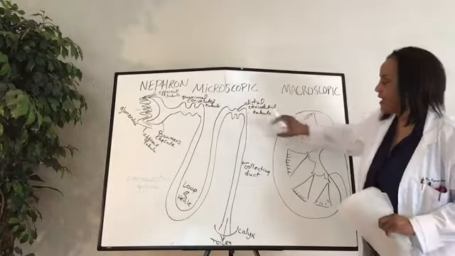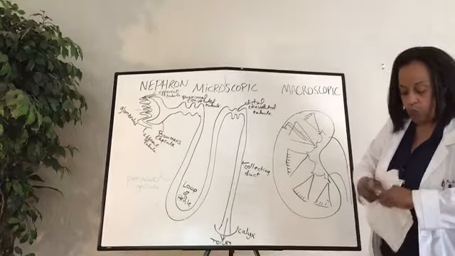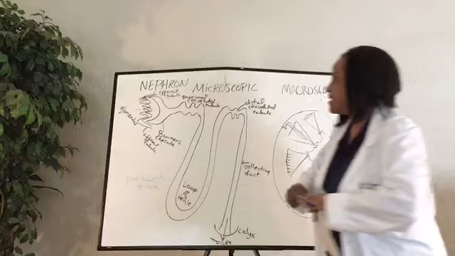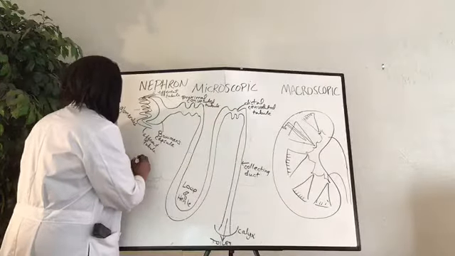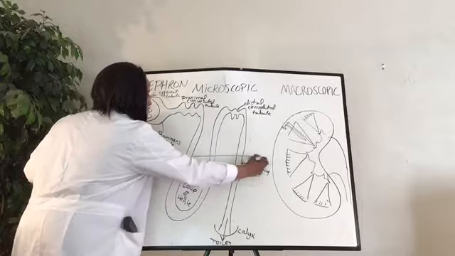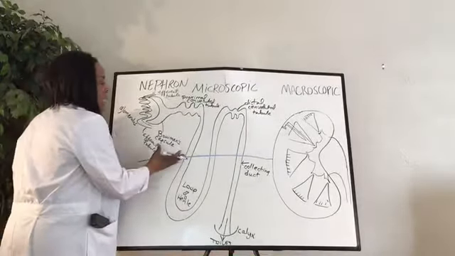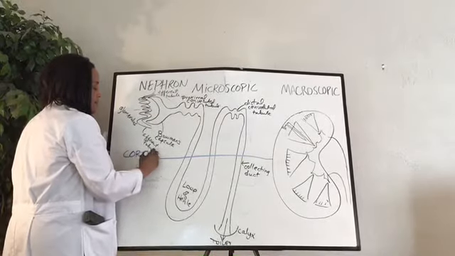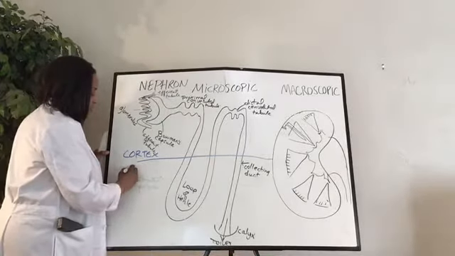We have a lot of these all around. Point I want to make here is what is in the cortical region. Say that's an imaginary line. Everything above this line is the cortex. Everything below this line is the medulla.